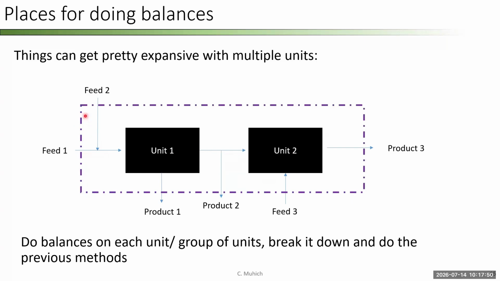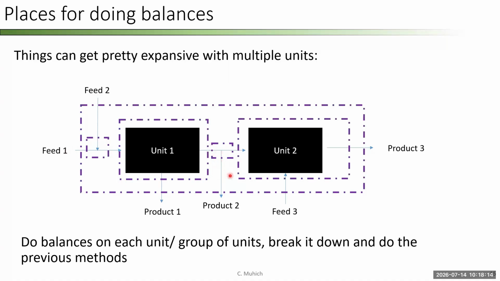So I can do this over the entire process, where I look at how much mint is going in and how much oil is coming out, maybe oil and leaves. I can do this at each intersection. I can look at an individual unit operation. I can look at splits in lines, and I can look at the overall unit too.